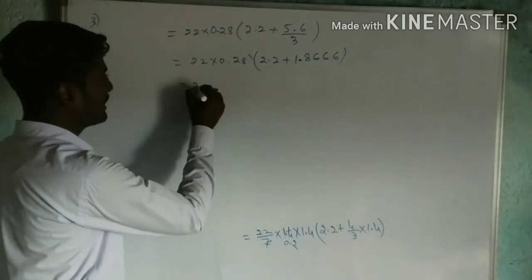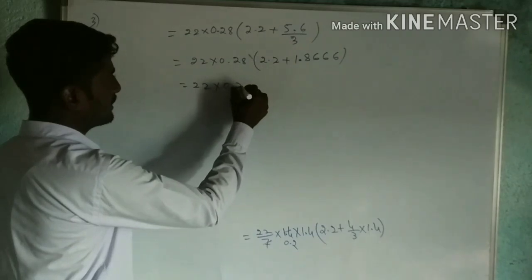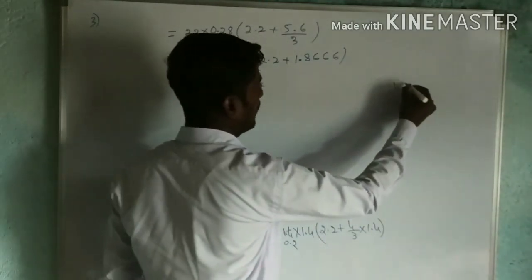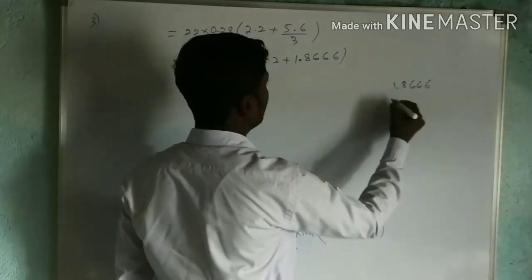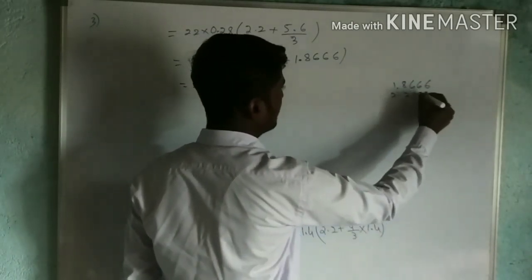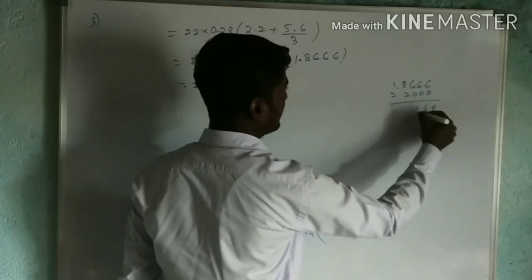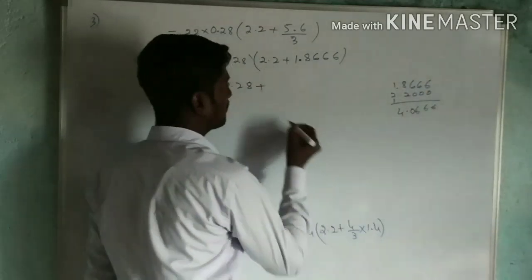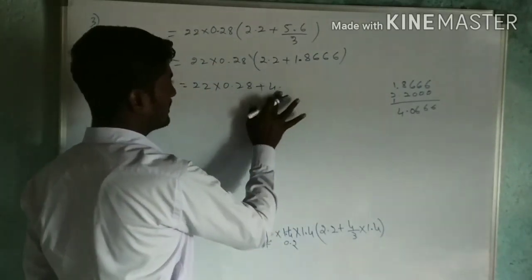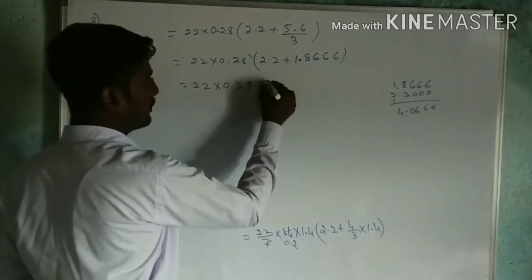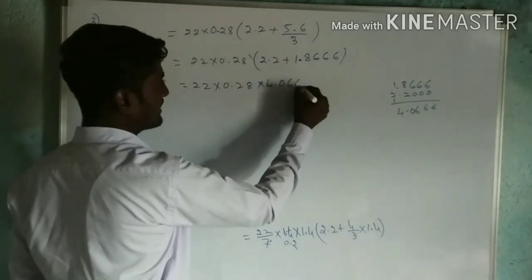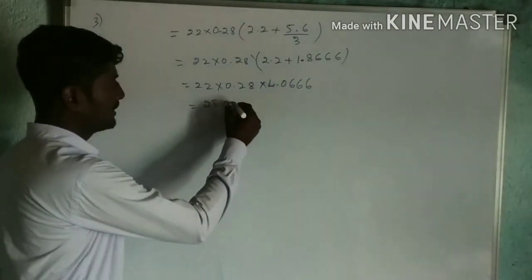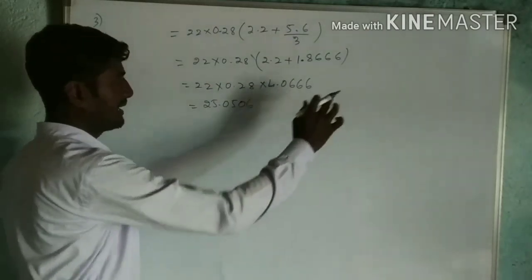Now this is 22 into 0.28 into, add these two, 2.2000 plus 1.8666 is 4.0666. Now multiply all these three, 25.0506.